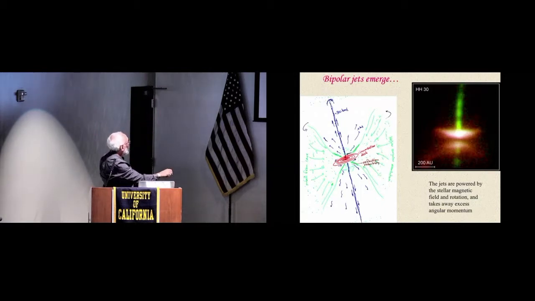So you actually have material flowing in from the sides, so that would be in here, and flowing out along the poles. So you get inflow and outflow at the same time, and a central disk, which is where you're going to make planets. And in the middle of that disk is the star. And the disk is there, well, I'll explain why later in the course.